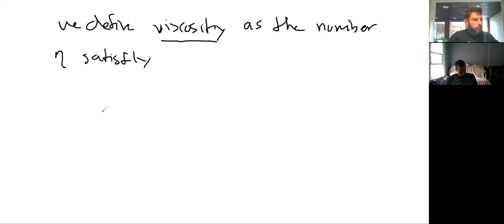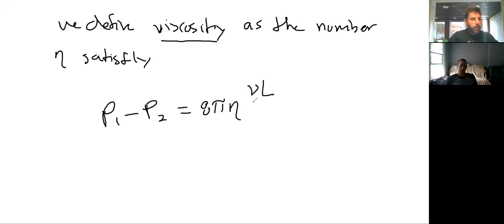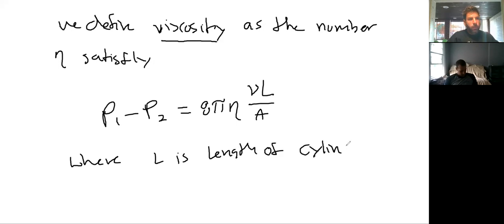And it satisfies the following: P1 minus P2 equals 8 pi eta VL over A, where L is the length of the pipe or the cylinder, and A is the cross-sectional area.